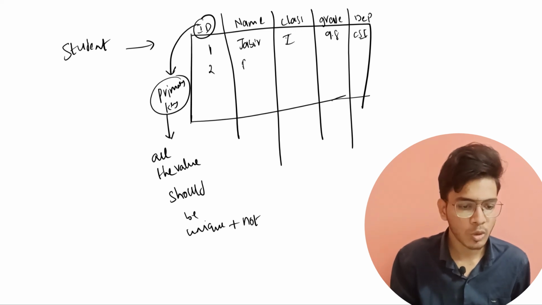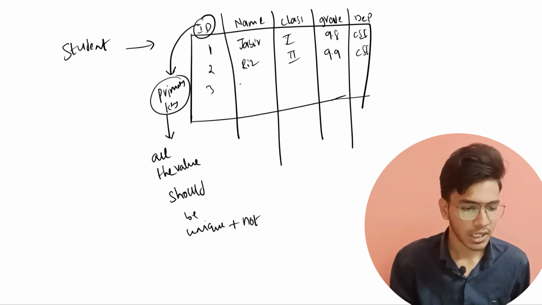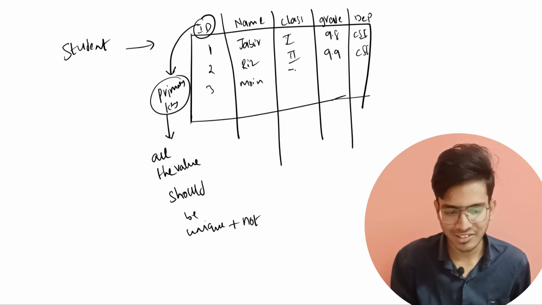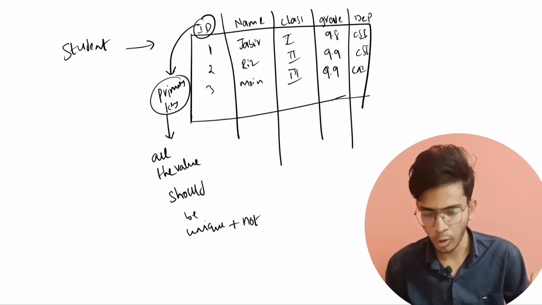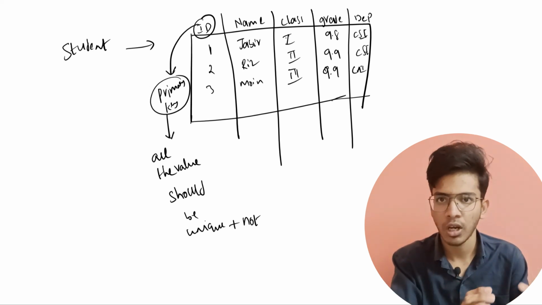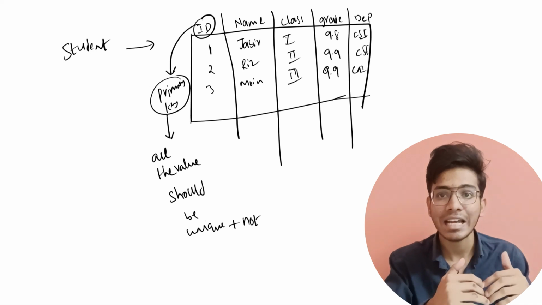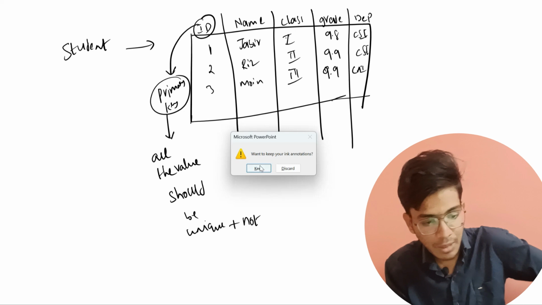Similarly, roll number 2 is in second year, CGPA 9.9, CSE, and the third student is Moinuddin, third year, 9.9, CAI department. Like this I am storing data points in my table. Through this table we will understand each and every clause and aggregate function. First of all, let me create the table.